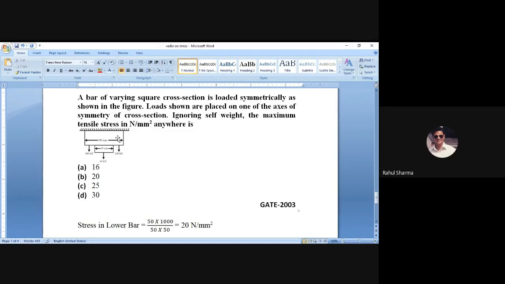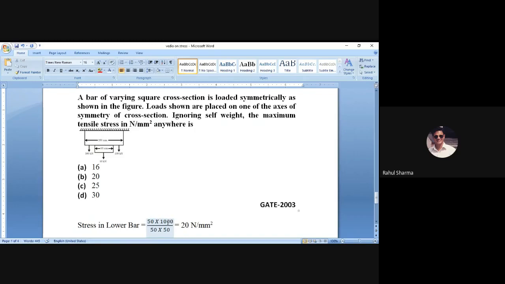Right. So we know that here in this diagram the load is 50 kilonewton, and here in the upper bar it is 250 kilonewton. And we know the formula that stress is basically what? It is internal resisting force per unit area. For the lower bar, the value of load is 50 kilonewton, and because we want to calculate the value of tensile stress in Newton per square millimeter, we can write it as 50 into 10 raised to power 3.